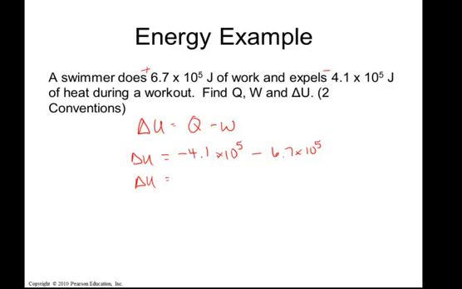So I'm going to have negative minus this number, which basically means I'm going to add those together. And 1 after the decimal gets me 1 after the decimal, so negative 10.8 times 10 to the 5th joules. And you can see why those signs are very important, because it's going to make a difference in what kind of number you get.